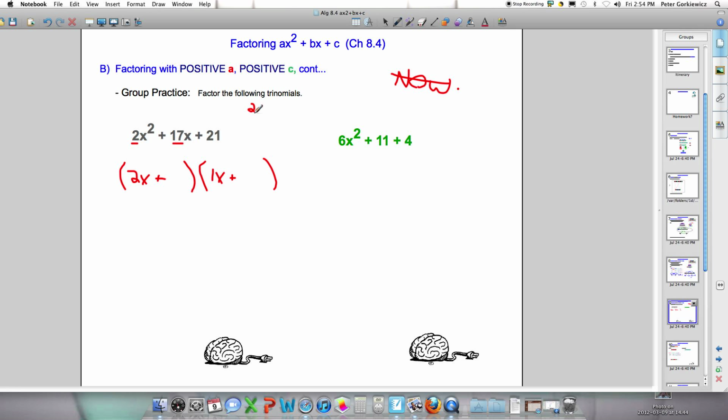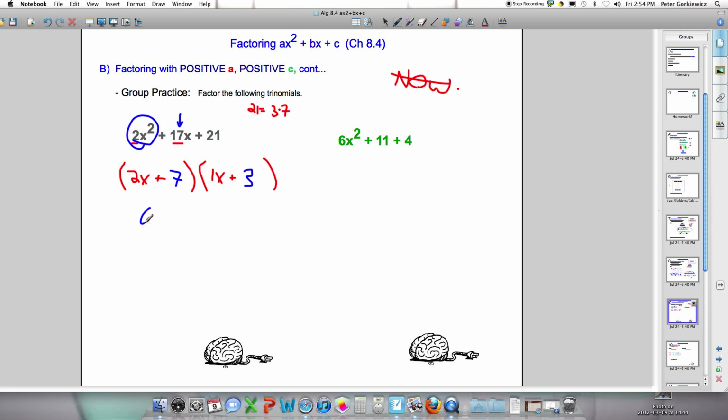Well, 21 is the product of 3 and 7. These are the only ones that multiply to 21. So I might just guess and check and figure out which way we can put them in there. I'm just going to throw them in at random, 7 and 3. I've set it up so I know this term will come out. I'm looking that we can find this term.